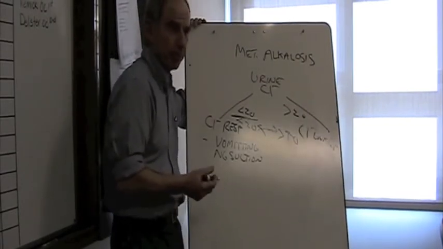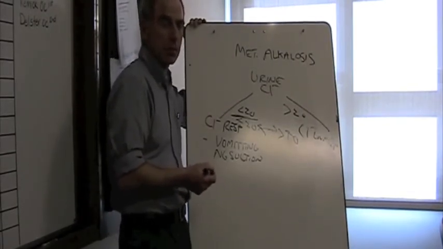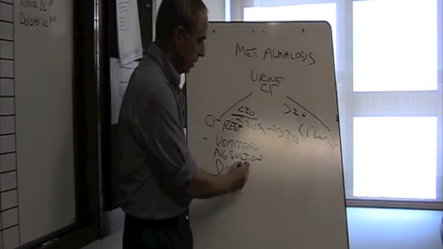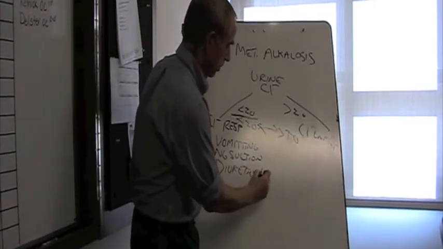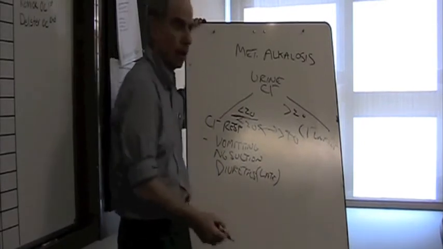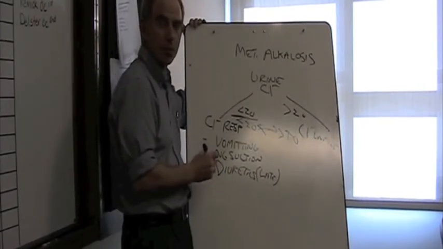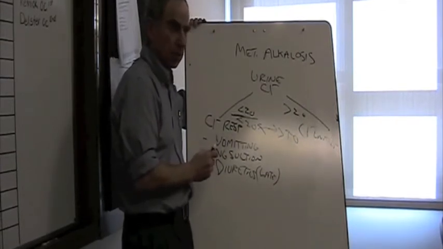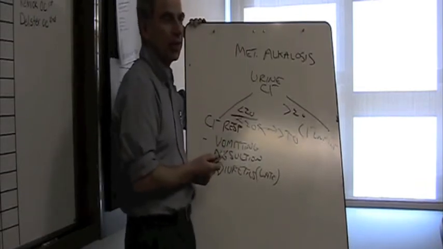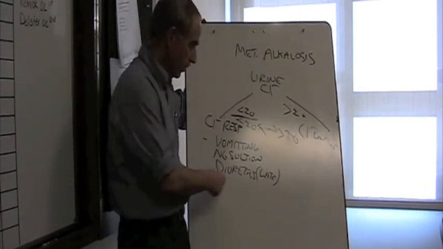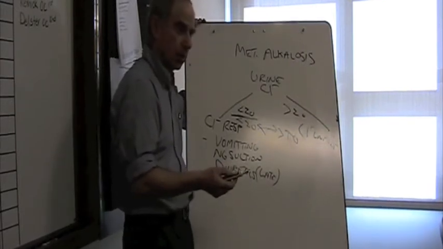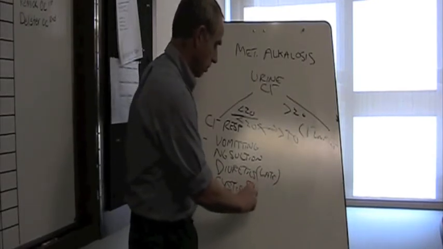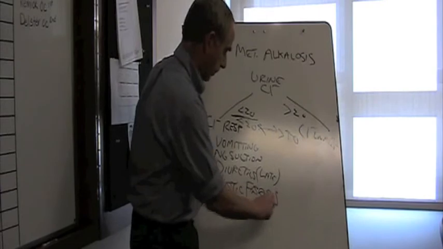What other things are there? Diuretics. Good, usually late, chronic diuretic use. What else? You have the whole list in front of you. Cystic fibrosis, refeeding.